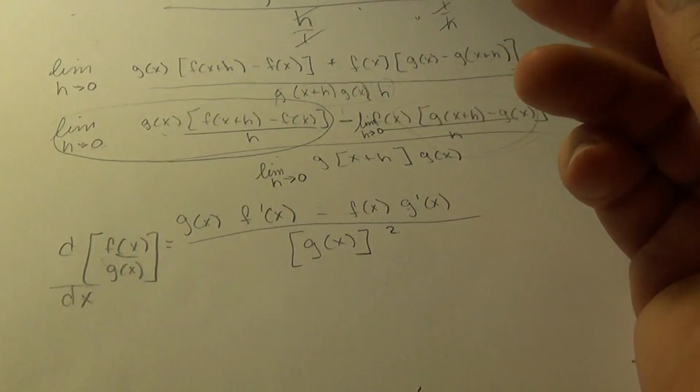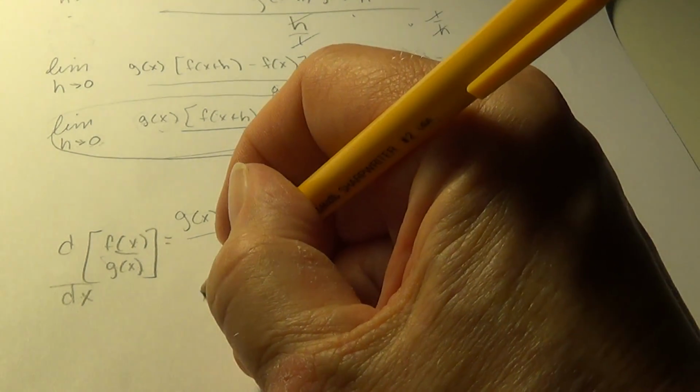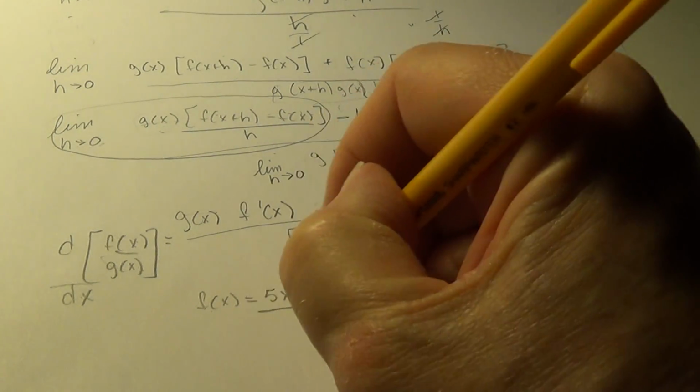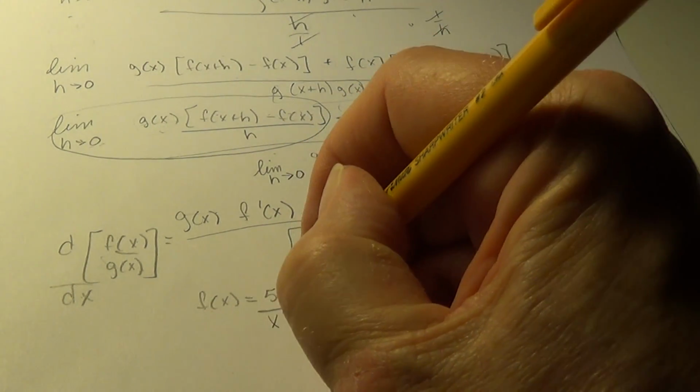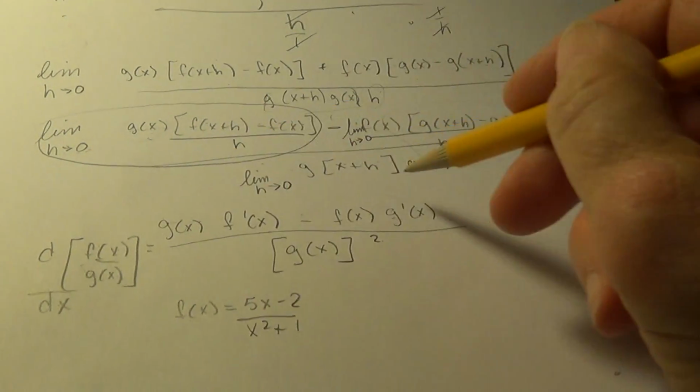See if I have room to put in an example. Let's do f of x equals 5x minus 2 divided by x squared plus 1. Alright, following this pattern here.